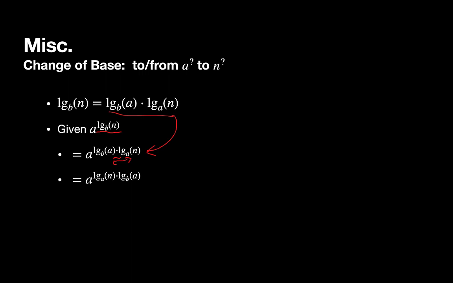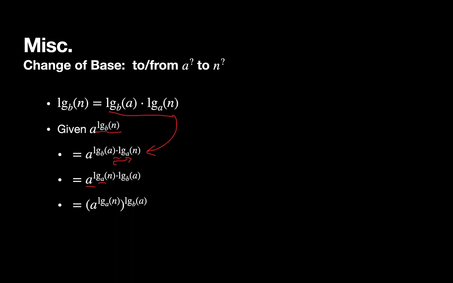The reason that's kind of convenient is because we now have a to some power that's based on a log of a. And if you remember, exponentiation and logarithms are kind of reciprocal complementary operations. Also we've got a product of two exponents, so we can factor that out.